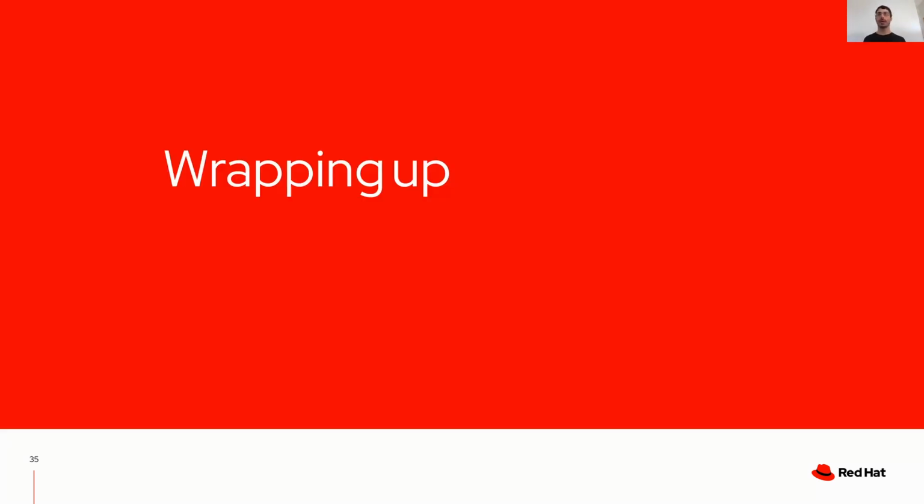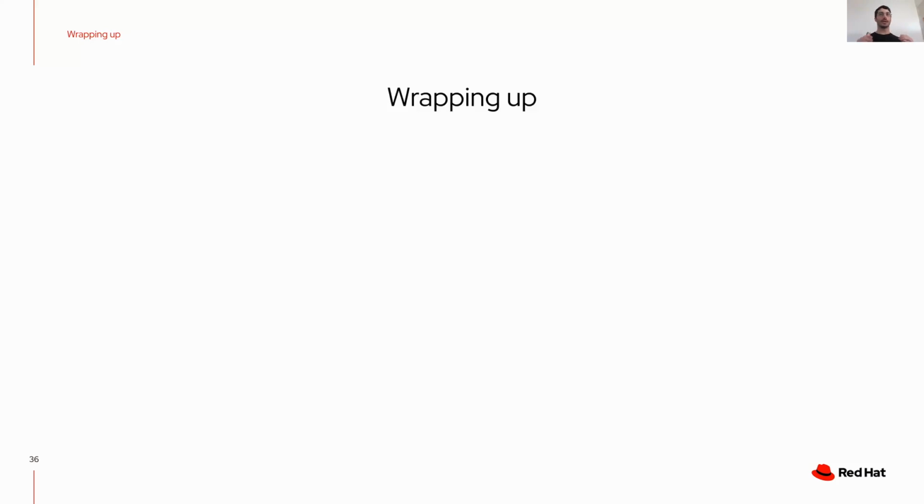Now, wrapping up, there are a few takeaway points that I would like you to take away. The first one is that automation is key to simplify and optimize IT operations, no matter how you do automation, as long as you do automation.